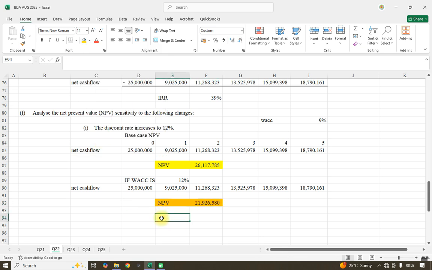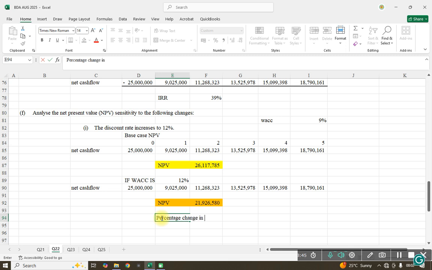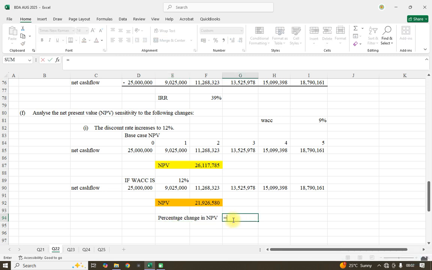So percentage change in NPV. It changes from this minus the base.